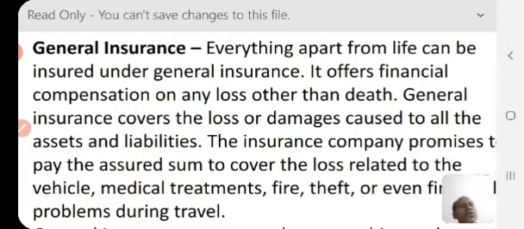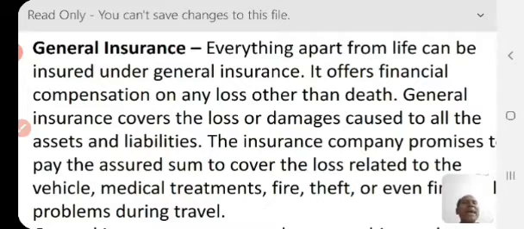We can do the insurance on any goods or any properties, but not on the lives of people.